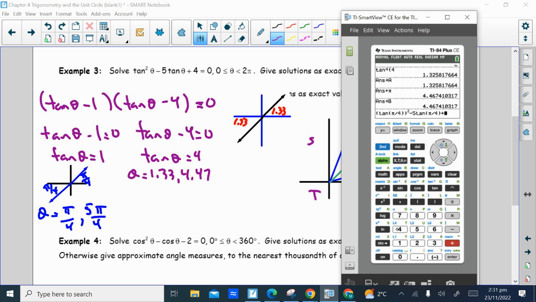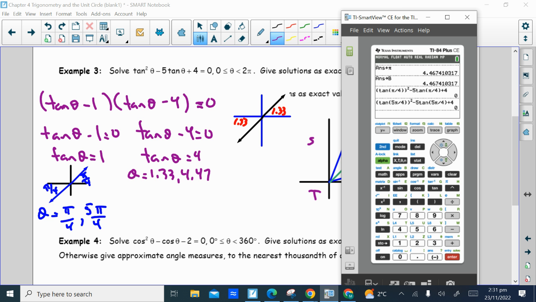Plus 4, that should equal 0. And it does. So pi on 4 checks. Checking 5 pi on 4. Checks.